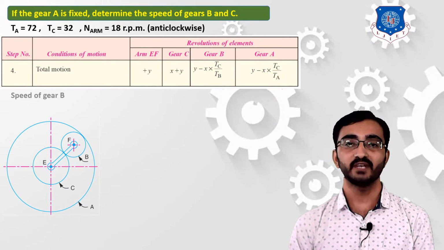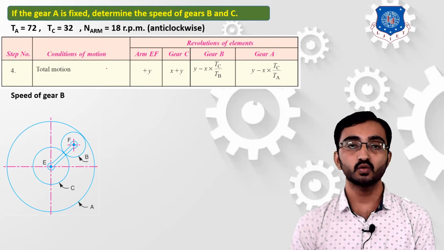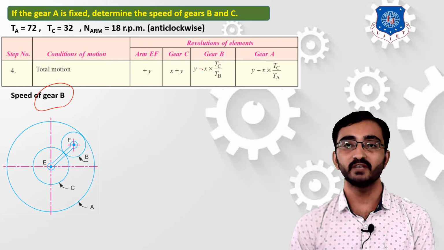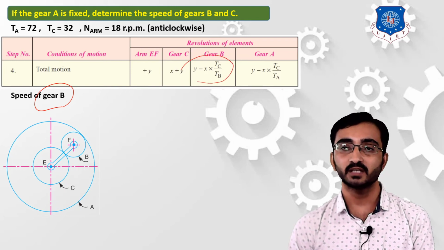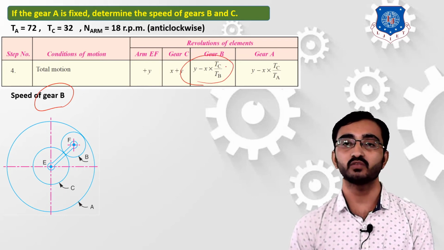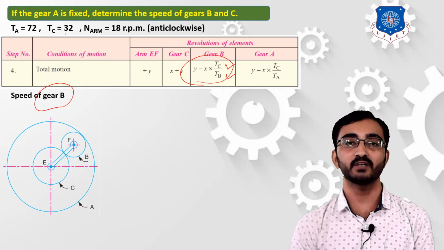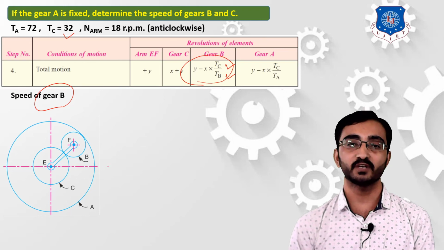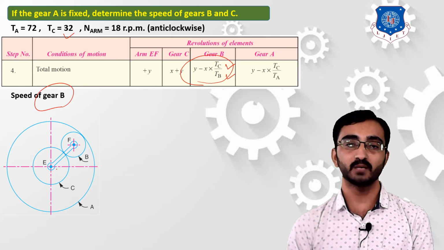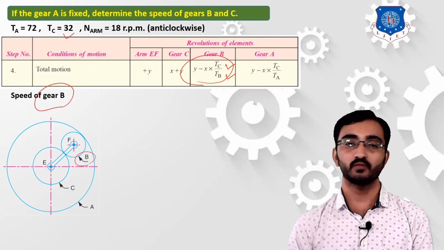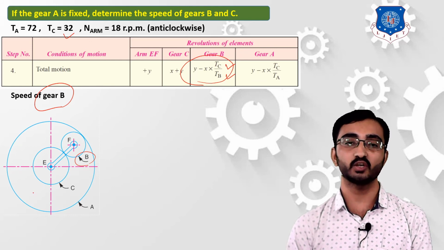Okay, so to calculate the speed of gear B we have to solve this term. Over here we have to find out the number of teeth of gear C and gear B. Now in the data they have given only the teeth of gear C. So first of all we have to find out the number of teeth of gear B. For that we can simply consider this geometry.